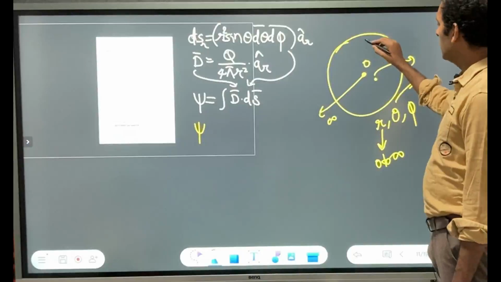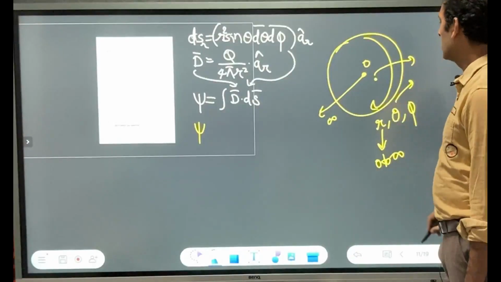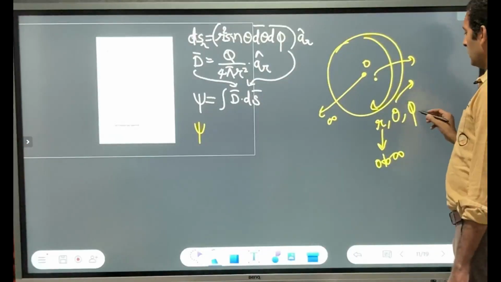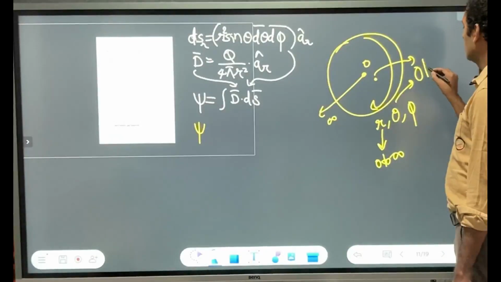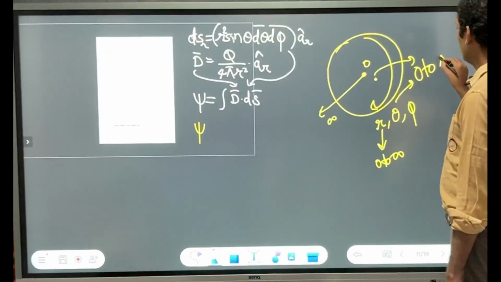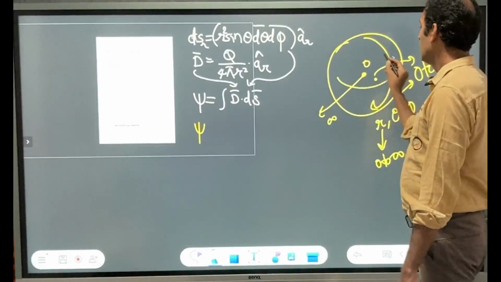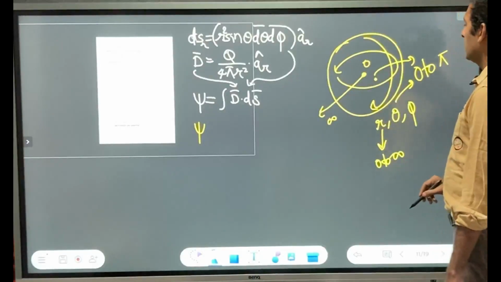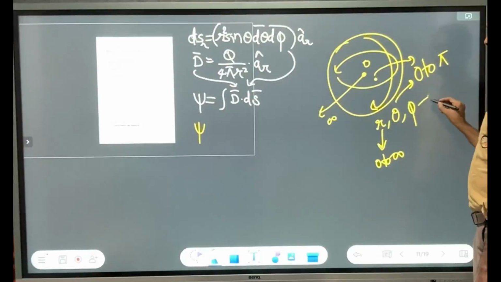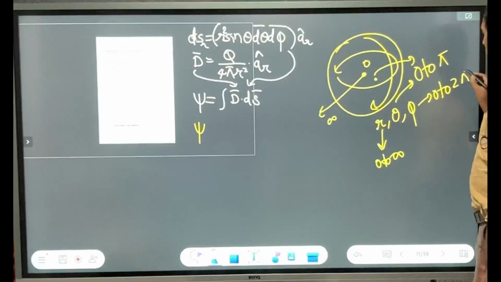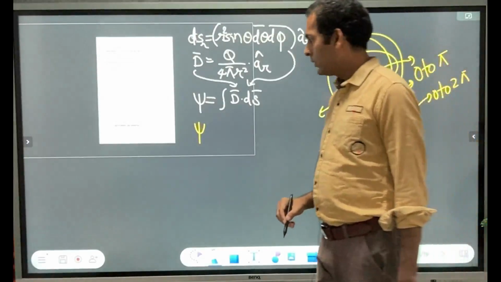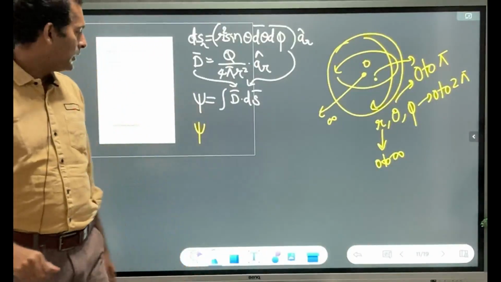Theta, say it is the half circular calculation, so theta will be from 0 to pi, and phi is the complete circulation, that is given for 0 to 2 pi. So for this we'll keep the limits.